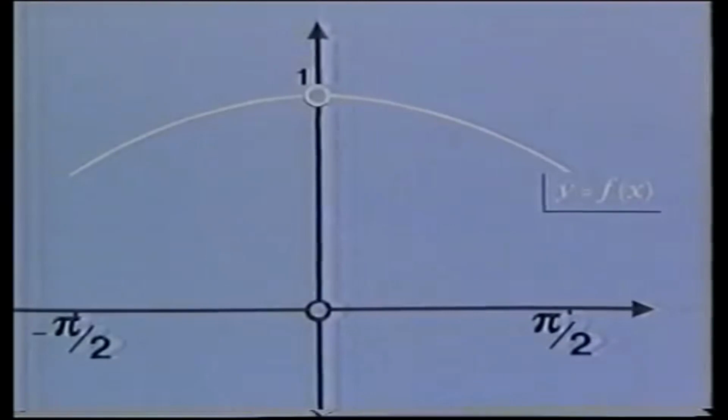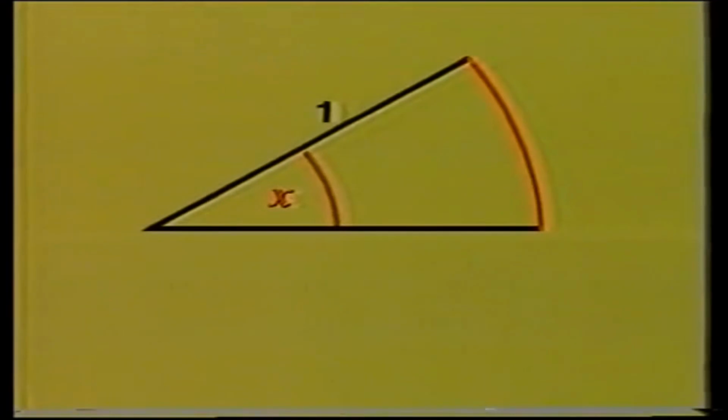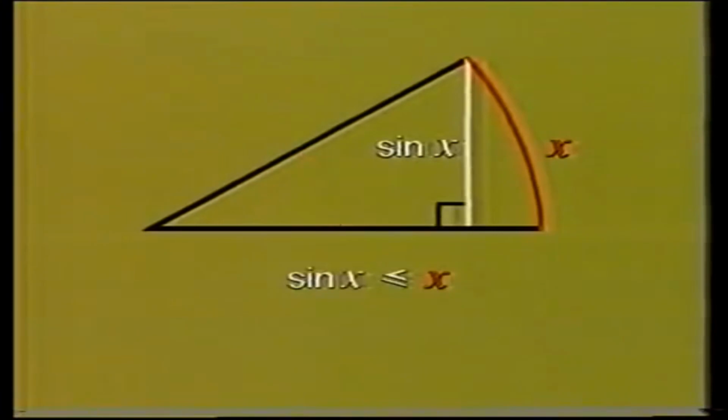Well, what we need are some inequalities for sine x over x, and we're going to get those geometrically. Here's a sector of the unit disk with angle x radians. This arc then has length x, and by definition, this vertical has length sine x. The geometry shows that sine x must be less than or equal to x.